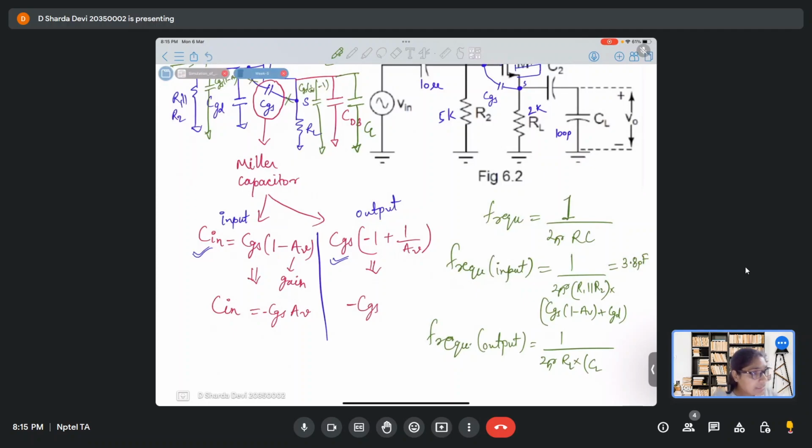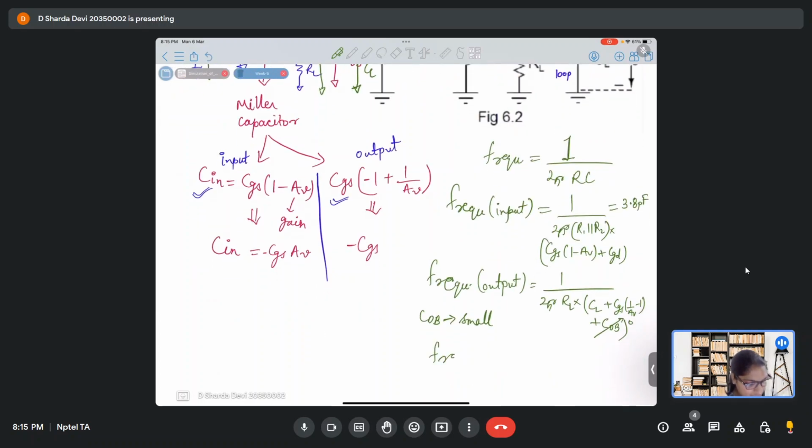CL plus CGS times (1 by AV minus 1) plus CDB. But since the CDB is very small, it's neglected. Also its value was not mentioned in the question because of the same reason, so we will simply neglect it.